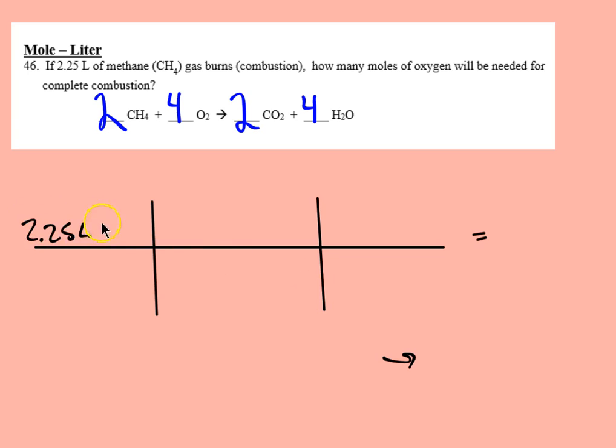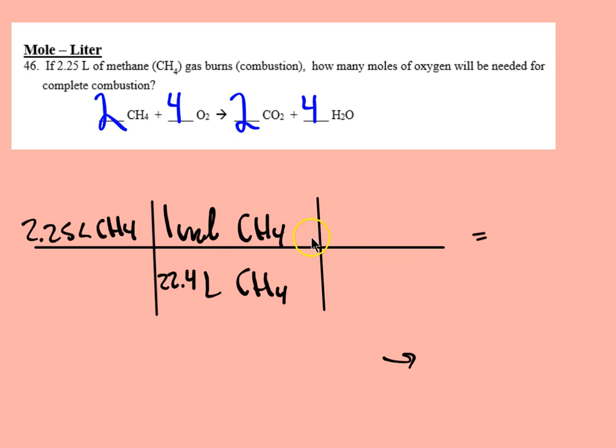2.25 liters of CH4. That means liters has to come down here. So the liters is always 22.4 per 1 mole of the same thing. If this is mole CH4, then this must be mole CH4. You can find that number right there. And if you reduced it already and put a 1 there, that's fine.